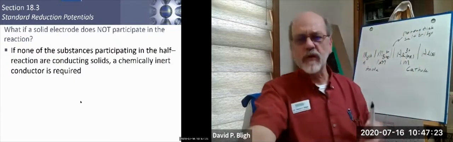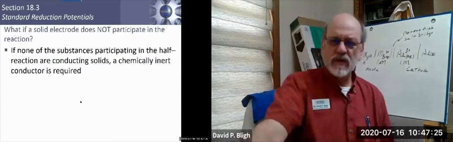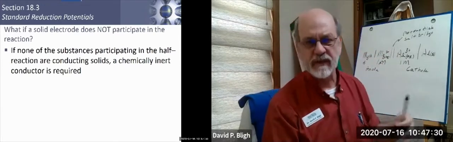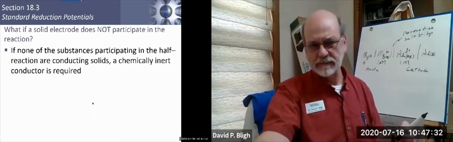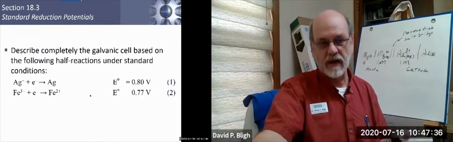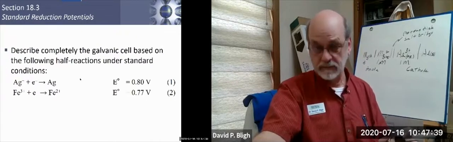So here's what I was referring to earlier. If you need an electrode just to transfer electrons, but it doesn't participate in the reaction, then you pick something that's inert, like platinum.